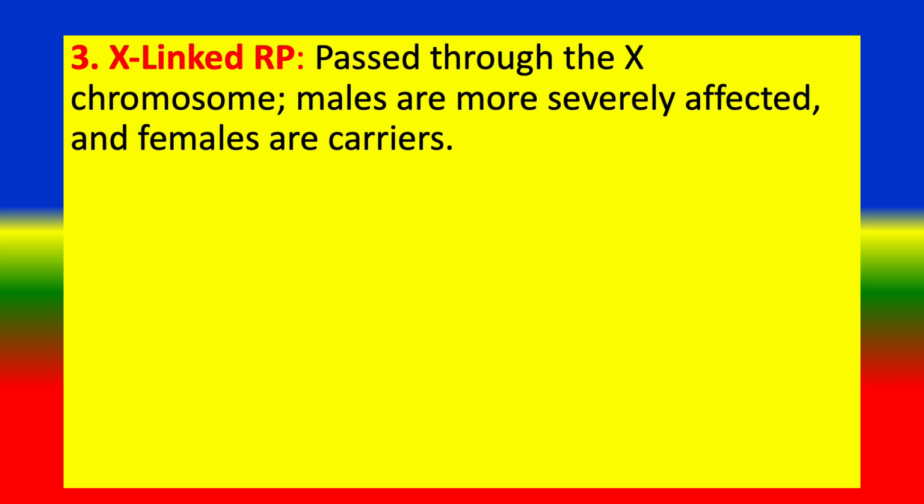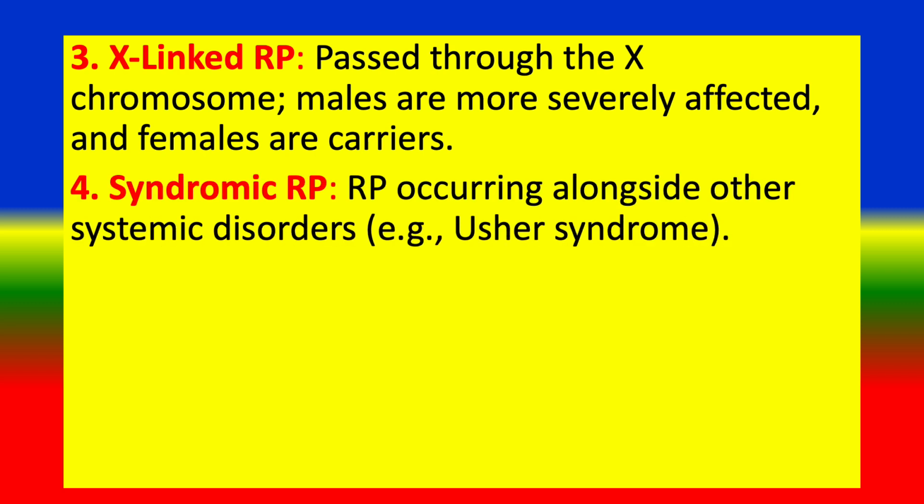3. X-linked RP, passed through the X chromosome. Males are more severely affected and females are carriers. 4. Syndromic RP, RP occurring alongside other systemic disorders.